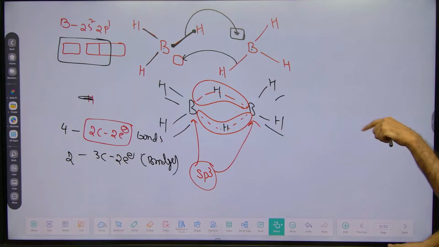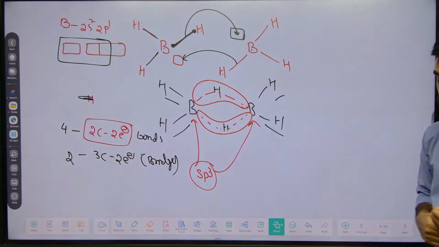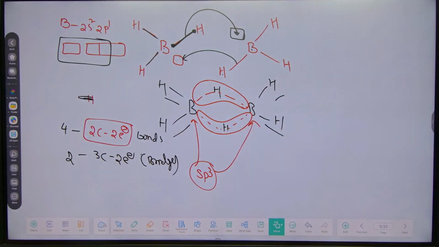The next one, yeah, just write these points. So sp3 hybridization means planar or non-planar?